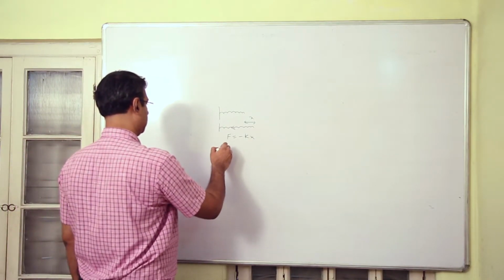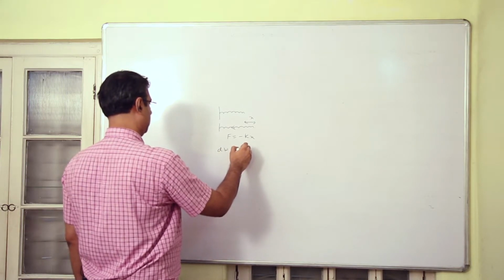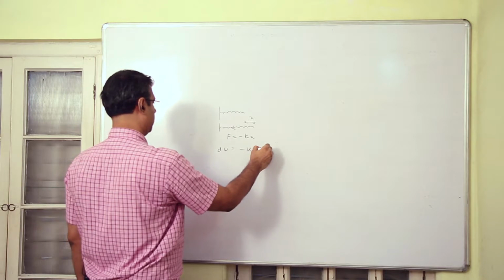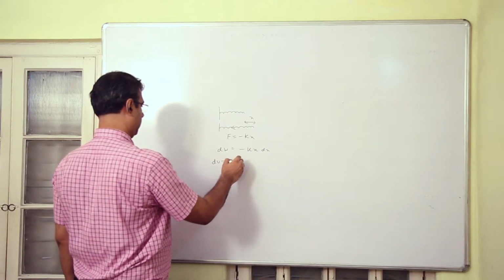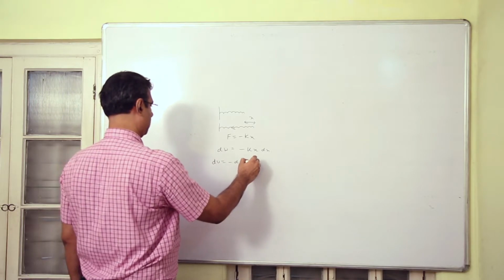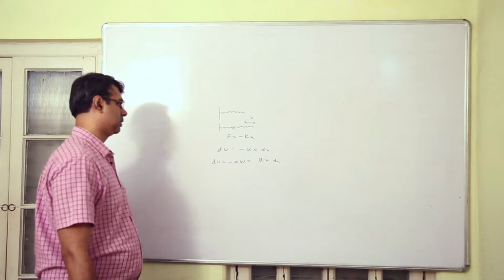Now the thing is, the work done by the restoring force will be minus kx into dx, and the negative of this will be kx into dx.